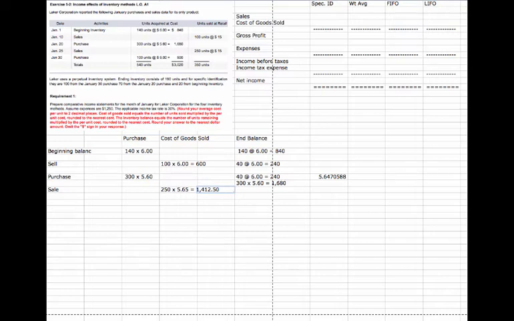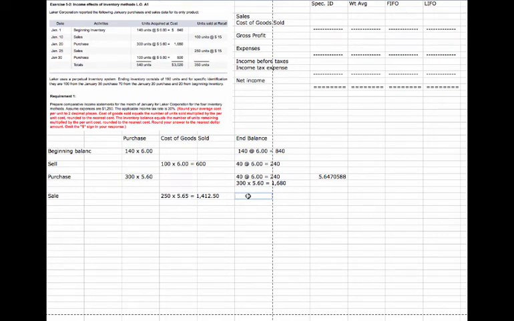Okay, which now provides me, and I'm going to give myself a little bit of room here, how many items do I have left? I started with 340. I sold 250.